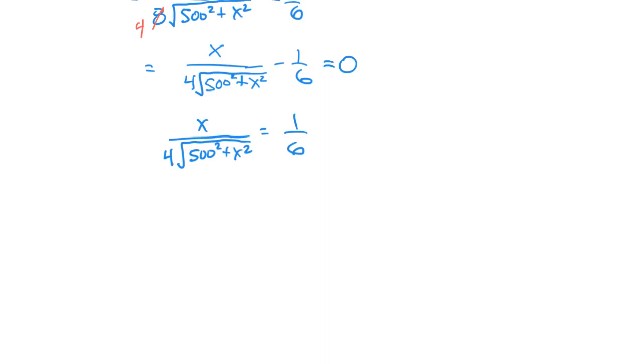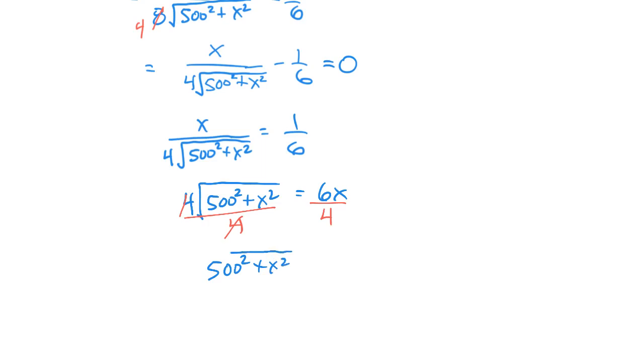So if we do this, we're going to get 4 times the square root of all this equals 6x. And then I'm just going to divide each side by 4 just to clean this up a little bit. And we will get the square root of 500 squared plus x squared equals 6 over 4 x, or 3/2 x.